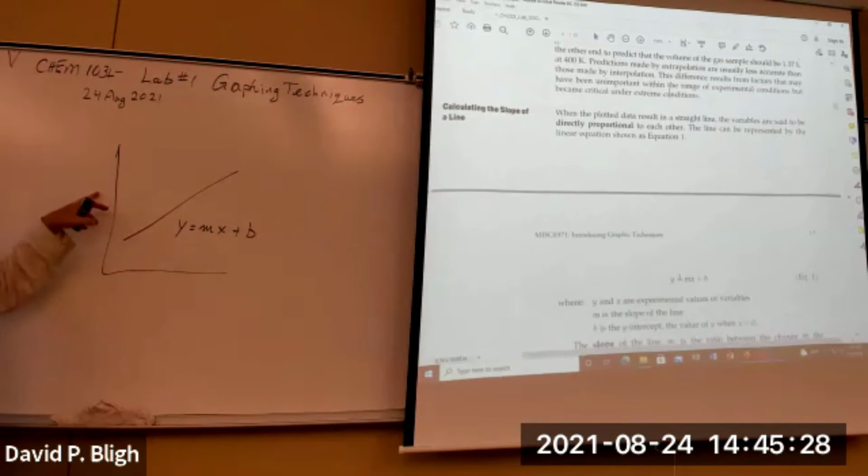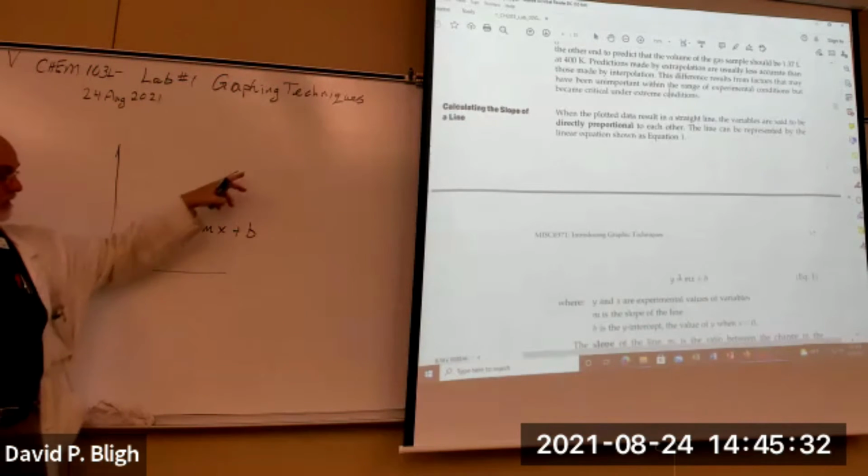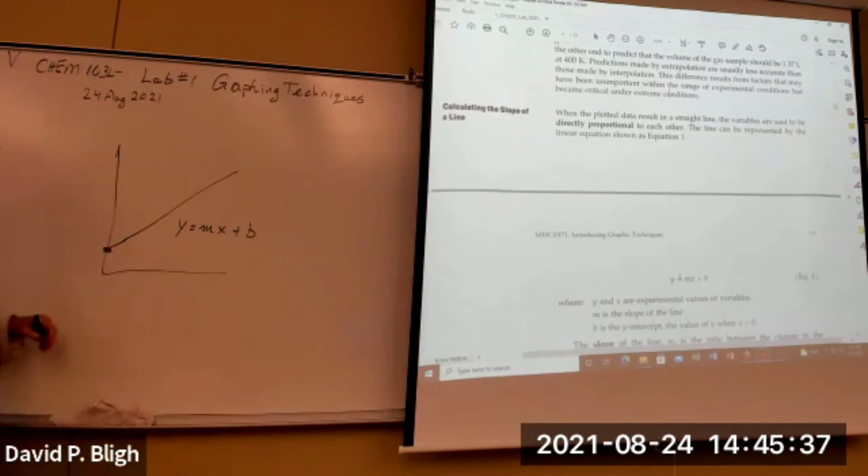Y is the value of y, x is the value of x, m is the slope of that line, and b is the y-intercept. Where does it intersect the y-axis? Straight lines are very well behaved. So that's why transformations are a common way that scientists make sense of their data. They take their data and convert it in some way to make it behave like a straight line.